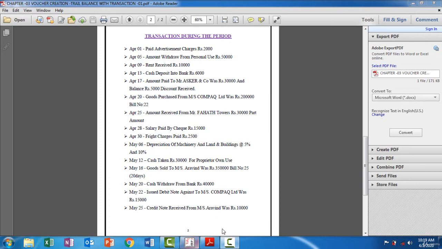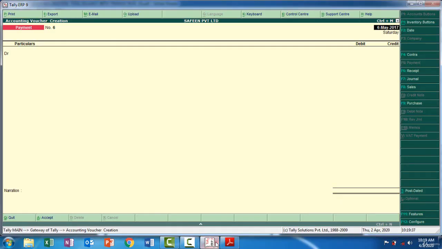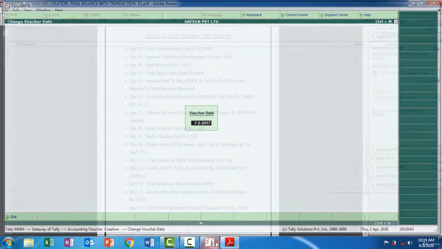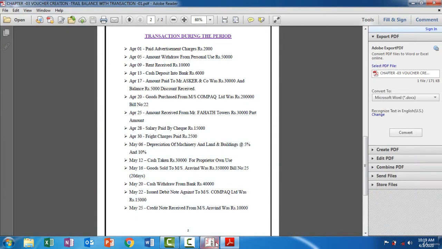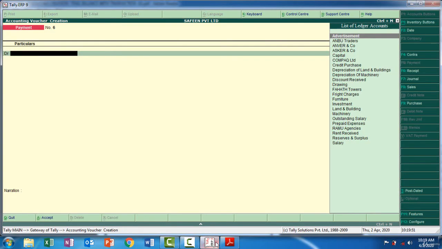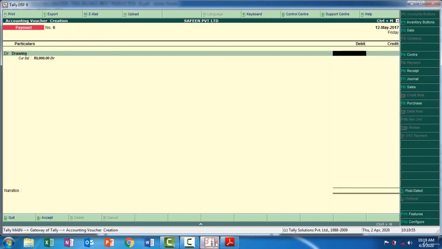So now I'm going to enter the transaction. In the payment voucher, I need to change the date first. The date is 12th of May, and then debit is drawing. We have already created the drawing account, and then the amount is 30,000.